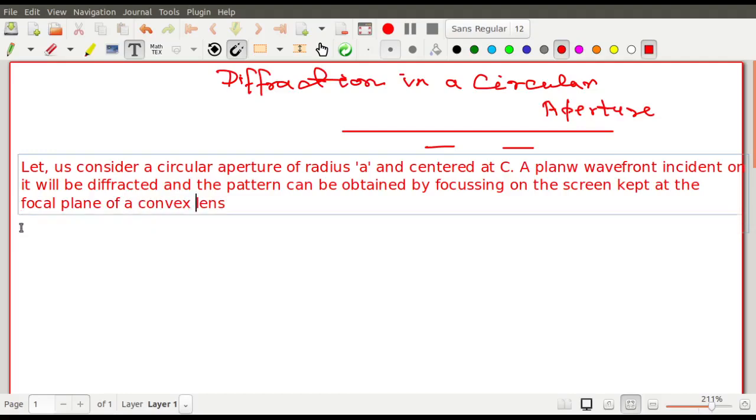Because you know that where to keep the screenটাকে কোথায় রাখতে হয়, convex lens এ ফোকাসে রাখতে হয়, such that the image is formed over there, and the diffraction pattern can be obtained by focusing on the screen kept at the focal plane of the lens.